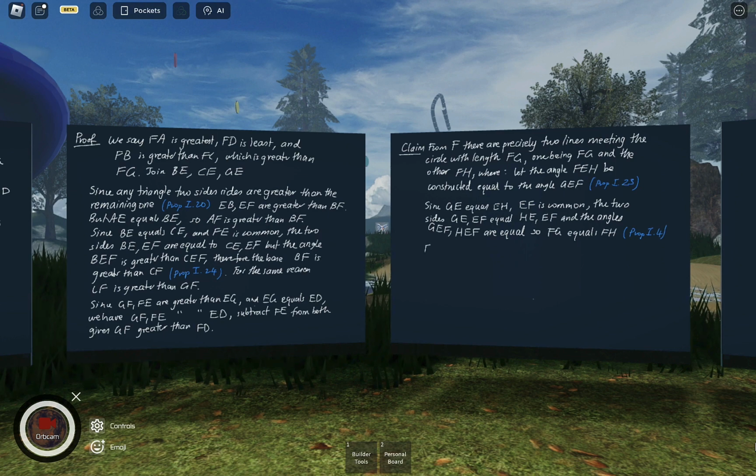Okay, for uniqueness, that's not what Euclid says, but let's suppose there were another line. The argument's the same whether or not it falls on the top or the bottom. It can't lie on the diameter, because if it did, then it would either be FA, which is definitely greater, or it would be FD, which is definitely less. And it's basically the same argument in general.